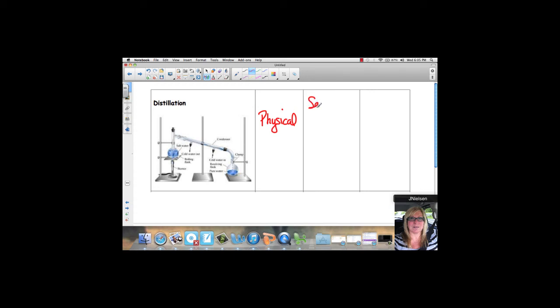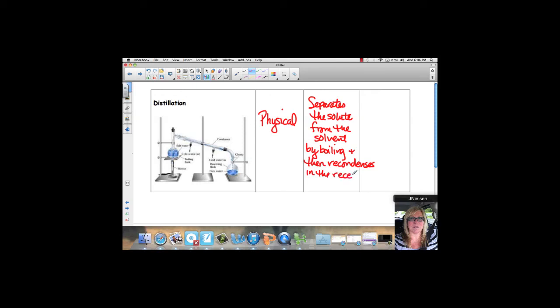And it separates the solute from the solvent by boiling, and then recondenses in the receiving flask.